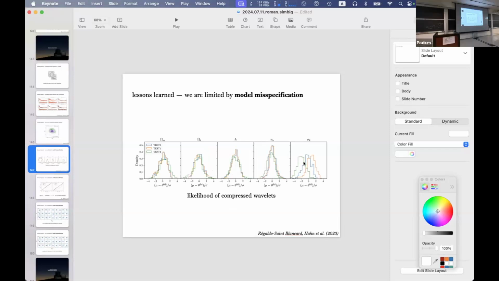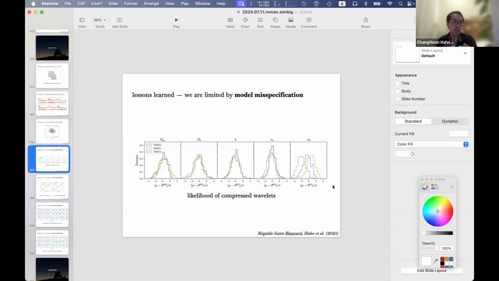And you can see in this last panel that there are differences in the likelihood that's predicted by them. So already this suggests that there are some deviations from the model that the wavelet scattering transform picks up that the power spectrum isn't able to pick up.